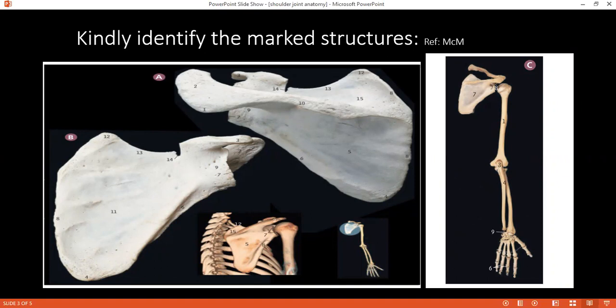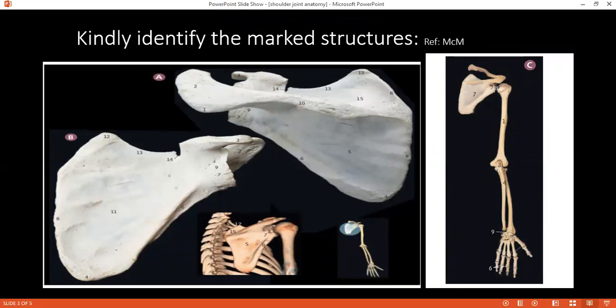Can you please tell me the boundaries of the quadrangular space? It is bounded above by the teres minor, inferiorly by the teres major, laterally by the surgical neck of the humerus, and medially by the long head of the triceps. Very good. And the contents? The contents are the axillary nerve and the posterior circumflex humeral vessels.